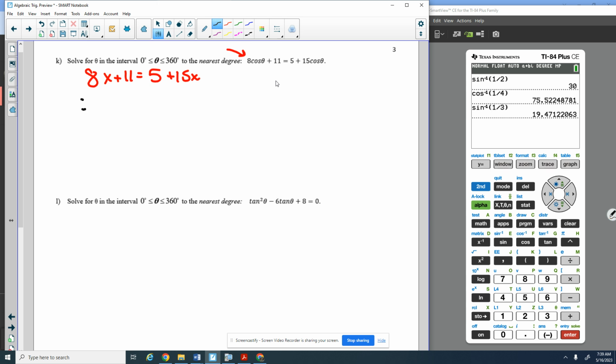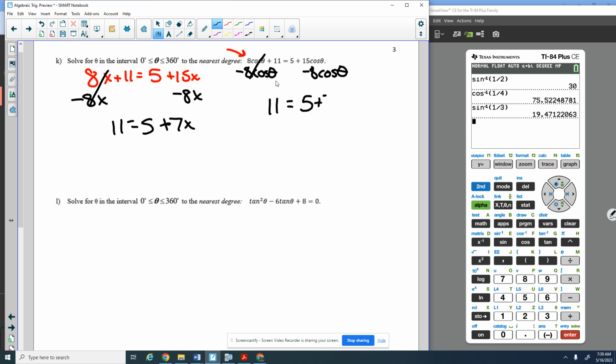The first thing I would do is move the 8x over, canceling, giving me 11 equals 5 minus 7x. So I'm going to do plus 7x. I'm going to do the same thing over here. I'm going to subtract and get the cosines together, giving me 11 equals 5 plus 7 cosine theta.